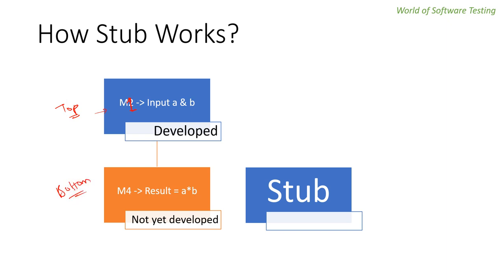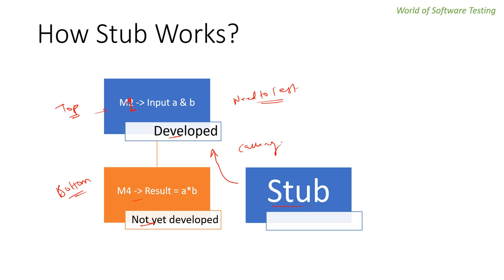And this is the bottom. Now we need to test this one. So this is not yet developed, and this is developed. So here, instead of this M4, we are using the stub or the dummy program to call this topmost module.